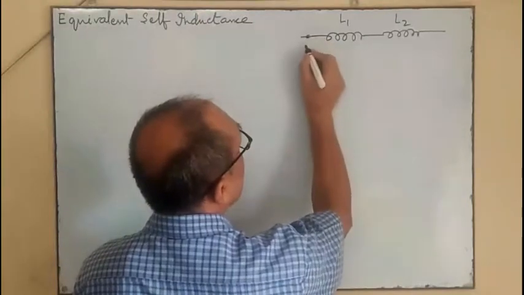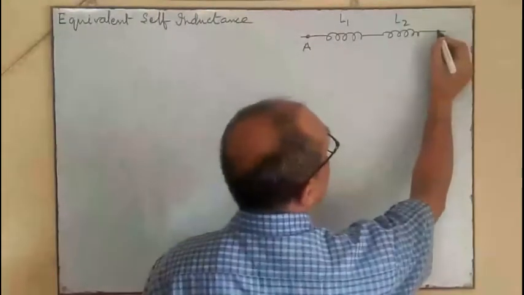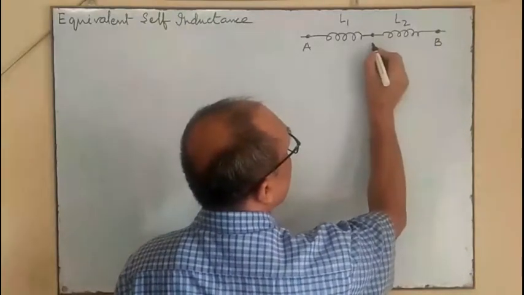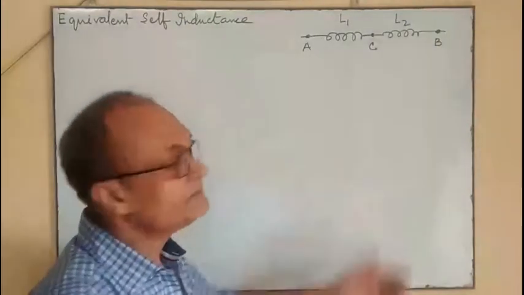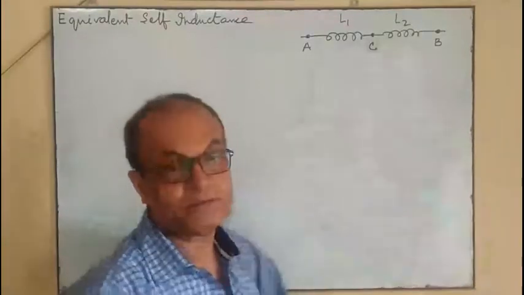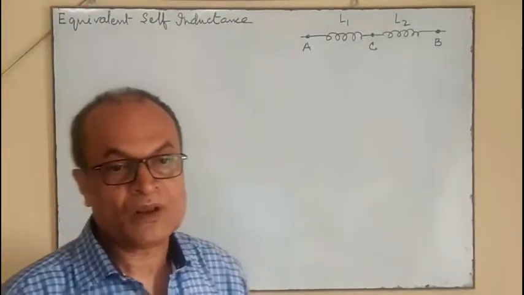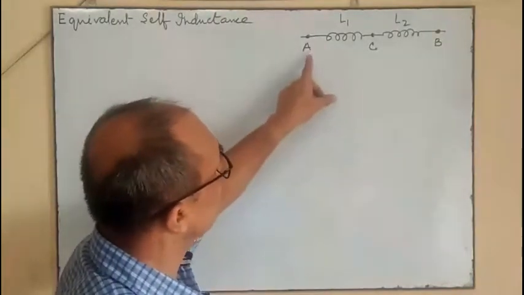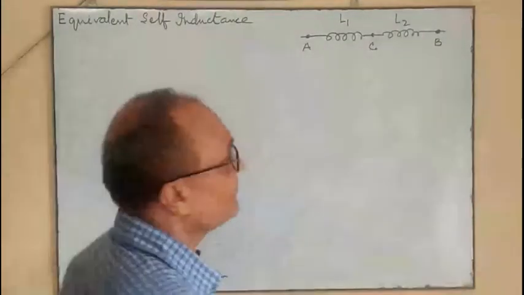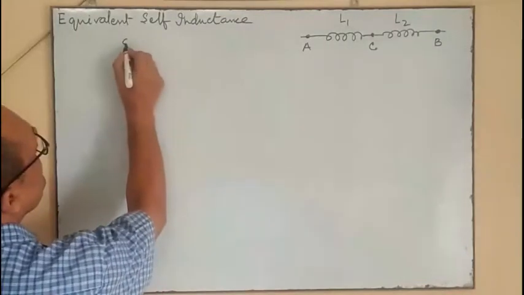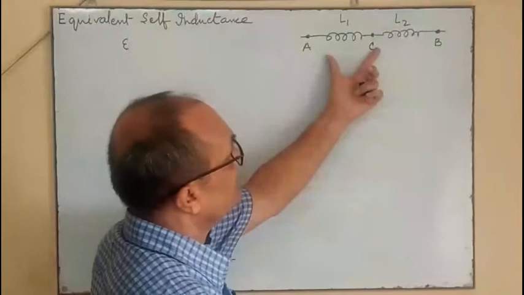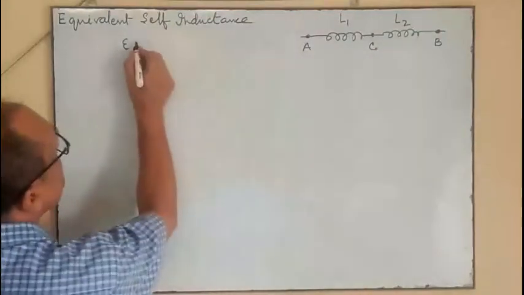The ends are denoted here A, B and C. C is the joint of L1 and L2. So the potential difference across A and B is epsilon.